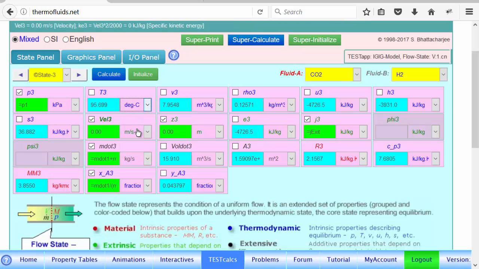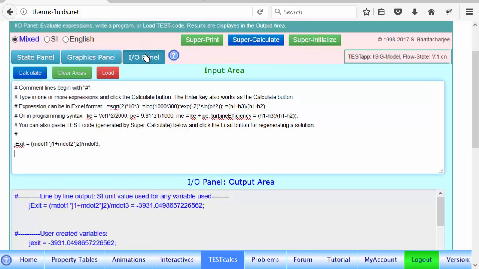So in Celsius, it is 95.7 degrees Celsius is the answer. To determine the entropy generation rate, we can figure out S dot gen must equal what?